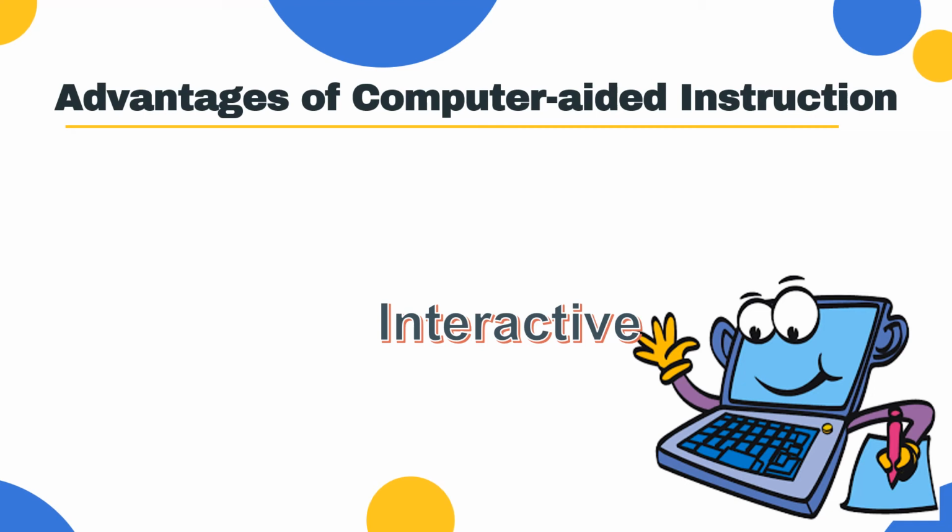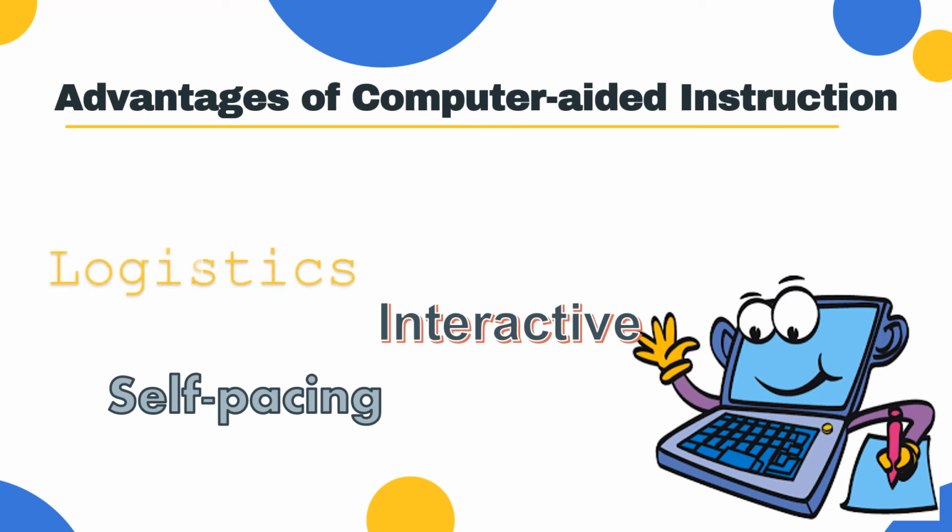The second advantage is CAI's self-pacing feature that allows trainees to control the speed of instruction and makes them self-sufficient learners. A third advantage is the logistics of CAI that make it more accessible through internal distribution systems, downloading from a central computer or over the internet to remote sites, which eliminates travel and per diem costs.